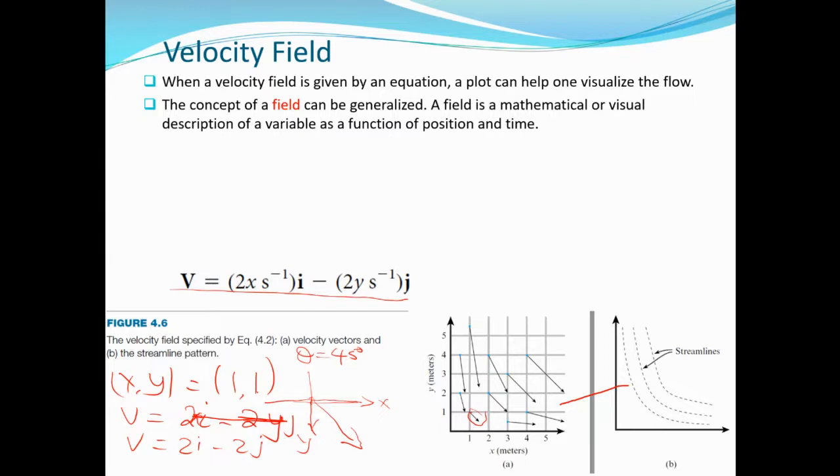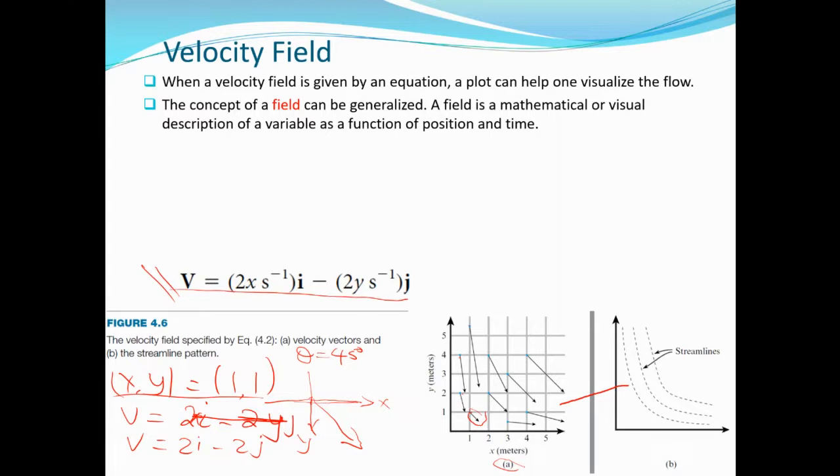This is just for x equal to 1, 1, so you can just select some combinations of x and y to plot this velocity field, and when you do that, you obtain figure A. You can see this is one of the points, this is another point, and this is the velocity vector. Remember, velocity is a vector, so it has magnitude, direction and sense.